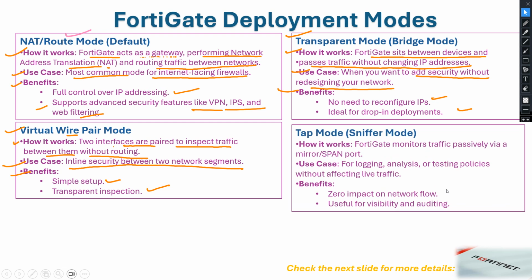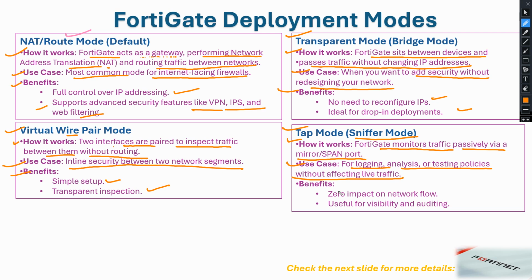Next is tap mode. If you are aware of the IDS deployment, it's a kind of similar. The sniffer mode. FortiGate monitors the traffic passively via a mirror or span port. Use cases: logging, analysis, and testing policies without affecting live traffic. There would be no blocking here.